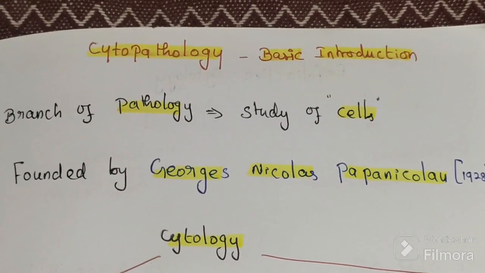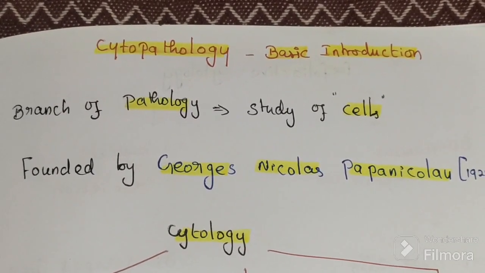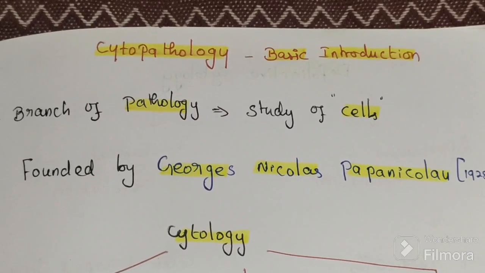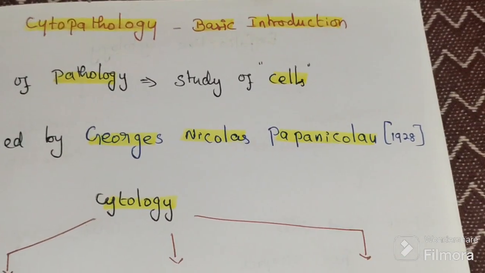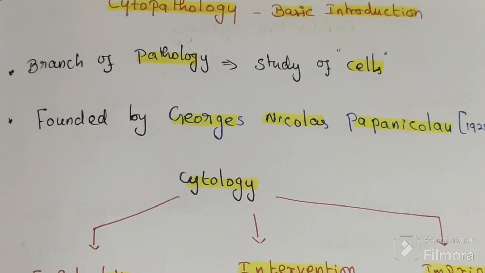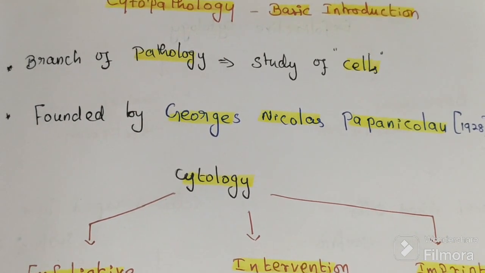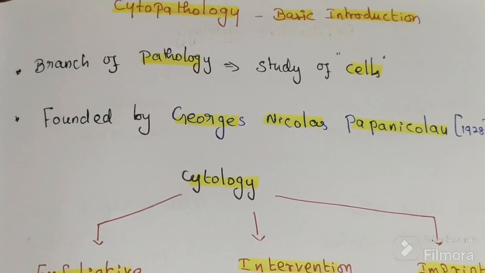Study of cells is known as cytopathology, and not studying the surrounding blood vessels, tissue, capsules. Just seeing cells. That's why it is called cytopathology. We study only cells, not the surrounding.